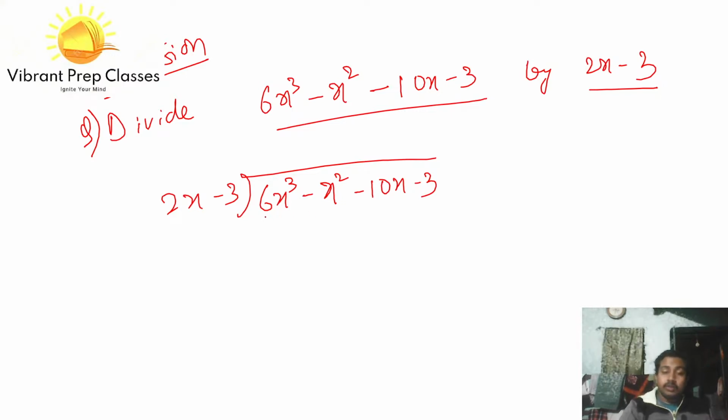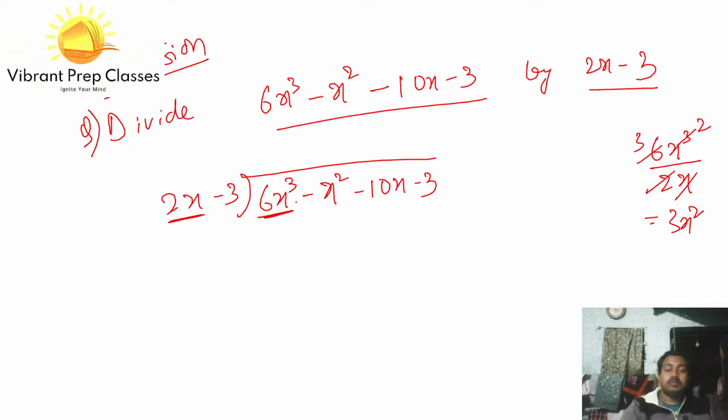Now what? We try to divide 6x³ with 2x. 2 threes are 6, and x³ by x leaves x², so we get 3x². So basically 3x² we will write here on the top.